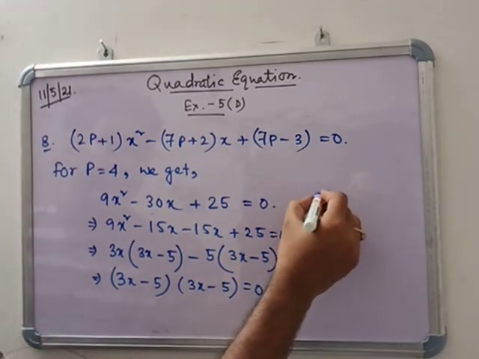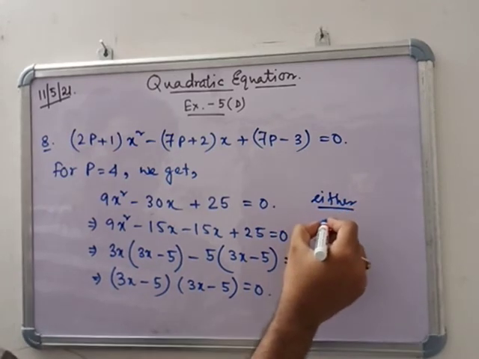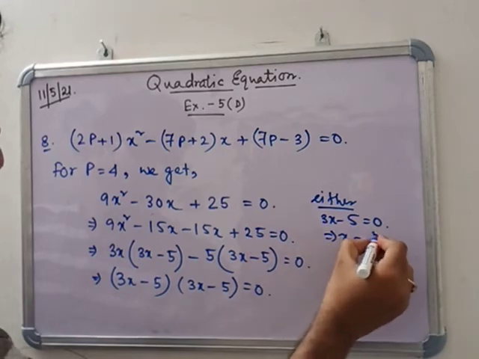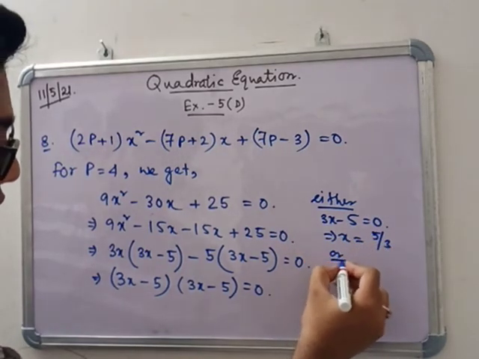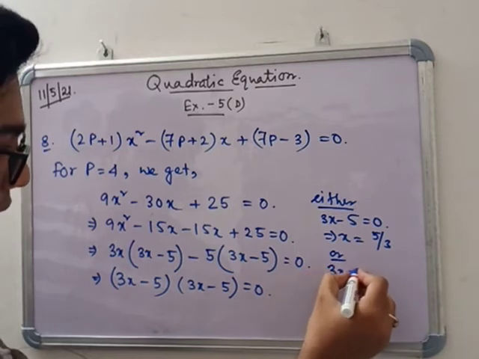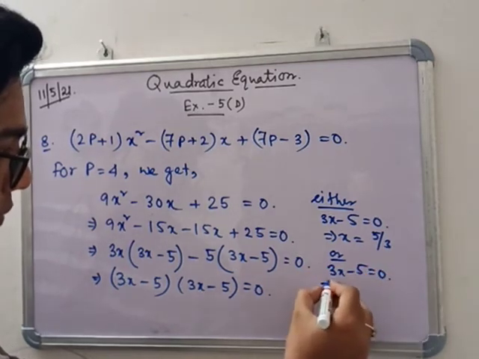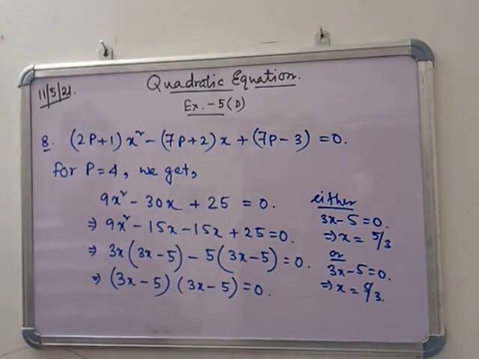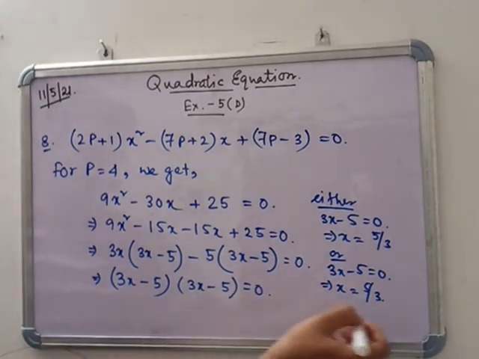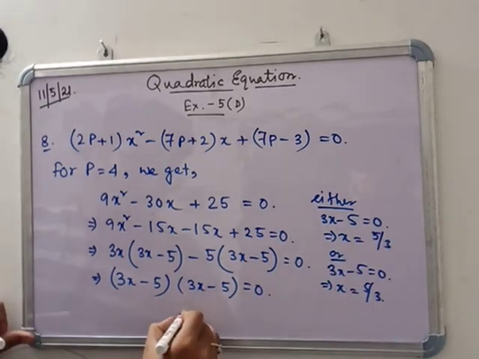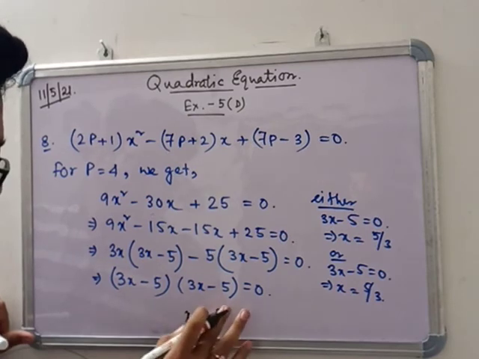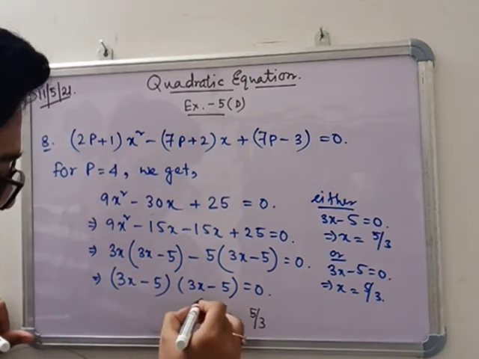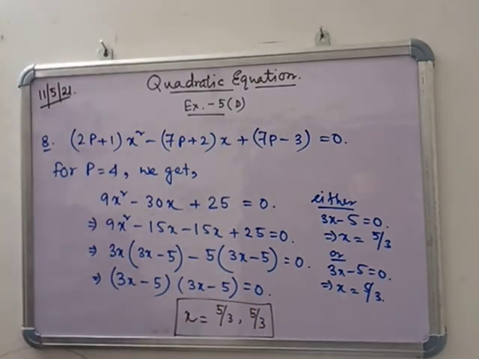So either 3x minus 5 equals to 0, that means x equals to 5 by 3, or 3x minus 5 equals to 0, that means x equals to 5 by 3. So if p equals to 4, then x equals to 5 by 3 each, that means equal roots. So x equals to 5 by 3 comma 5 by 3. This is for p equals to 4.